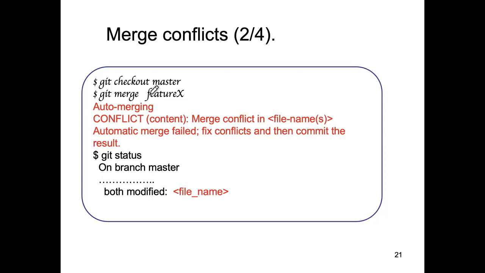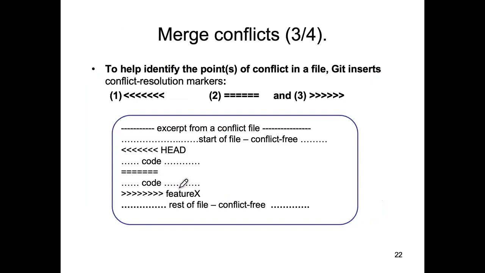And so your working directory always contains the result of the merge, if you like, which is why the git status command will help us. So it's telling us which particular files are problematic. And if you open up one of those problematic files, because it's in your working directory, then you see these kind of markers in the file.